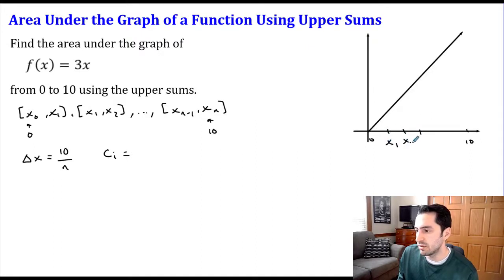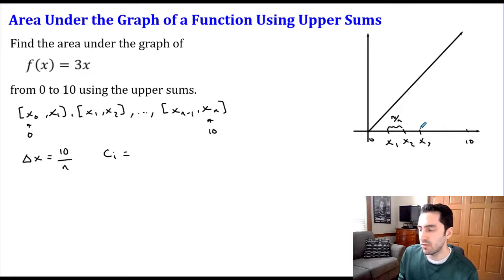So if I just draw in a couple of these so we can think about it, we have x1, x2, x3. In between each of these x values, the width has a width of 10 over n. So this one's 10 over n. In between x2 and x3 is also 10 over n.